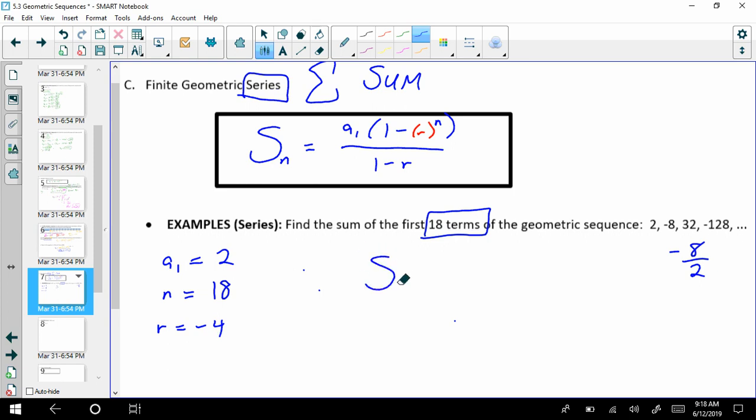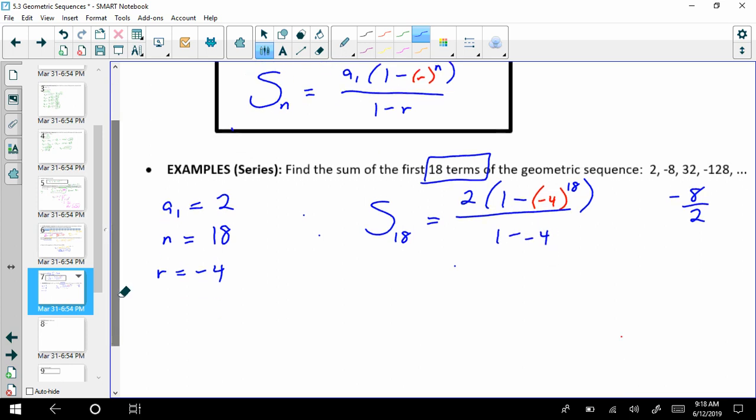So the sum of these 18 numbers, 2 times 1. Now, really careful here. This is where people mess up. Keep r in its own parentheses, raised to the 18 over 1 minus r.